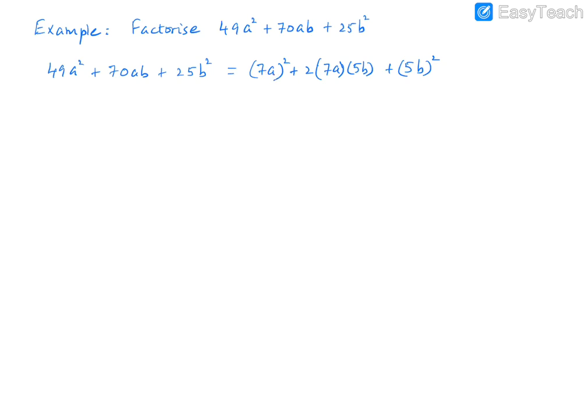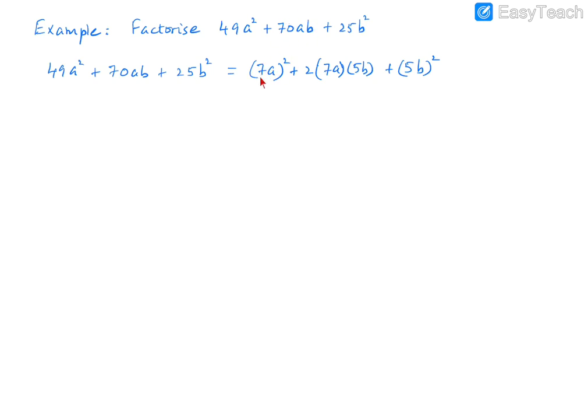So this takes the form x square plus 2xy plus y squared. Now check whether this evaluates to 70ab. 7a into 5b, 7 into 5 is 35, a into b is ab, so 35ab into 2 is 70ab. So we get back this, right?